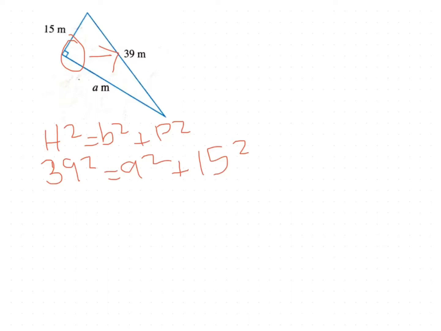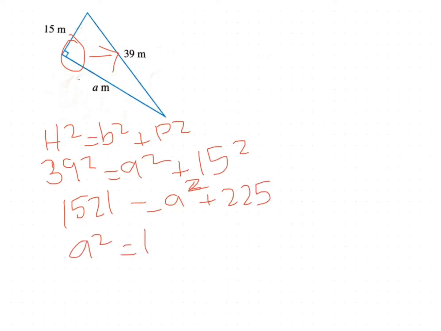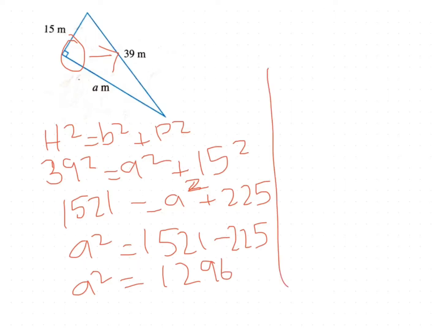Now we have to square 39 and it will be 1521. Then the unknown, plus 15 square, which is 225. So here it goes, minus 225, so it will be 1296.